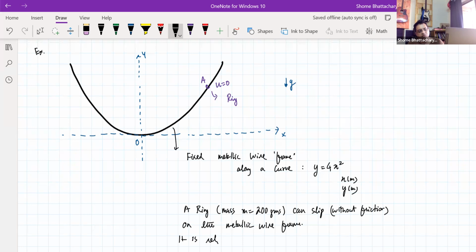It is released with u equal to 0 from the position, let's say x equal to 2, so y is equal to 16.